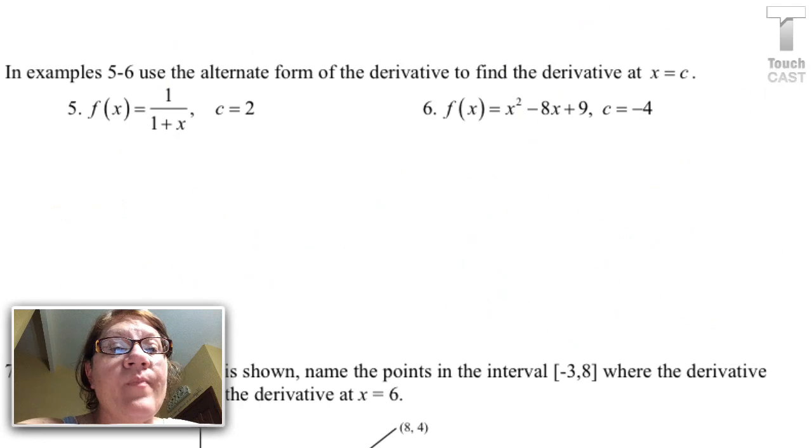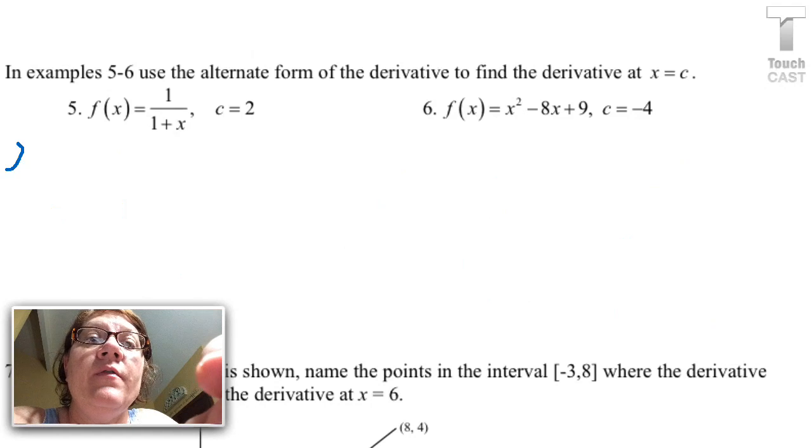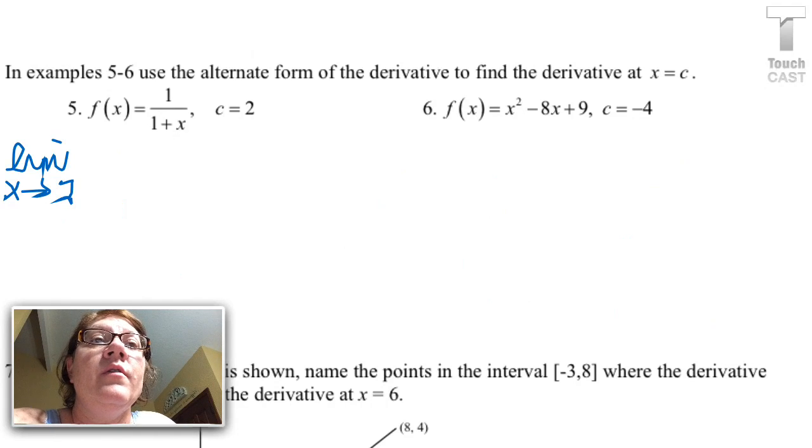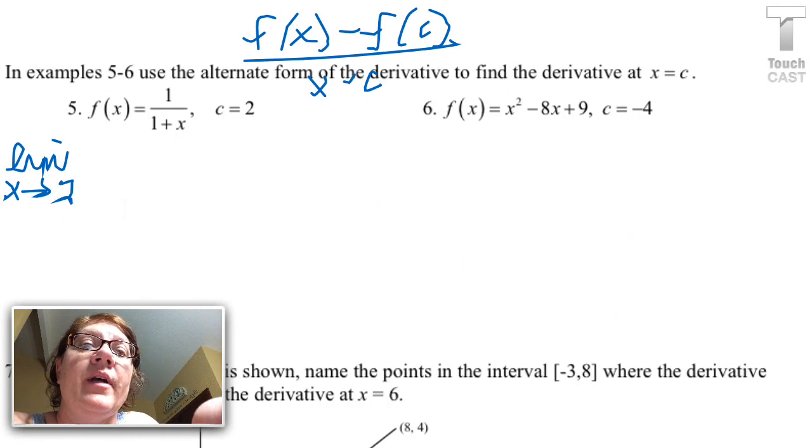Turn the page. So on these next ones, we want to use the alternate form. So remember, the alternate form is the limit as x approaches c. In this case, it'll be the limit as x approaches 2 of f of x minus f of c over x minus c. So we already know f of x.